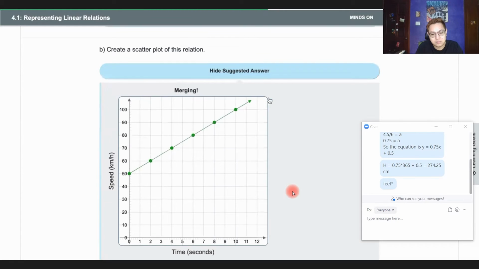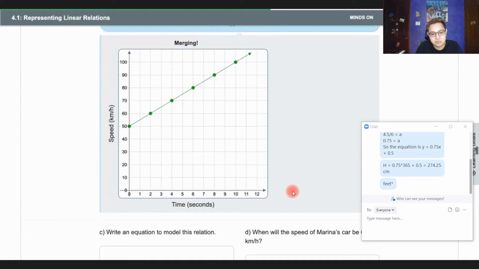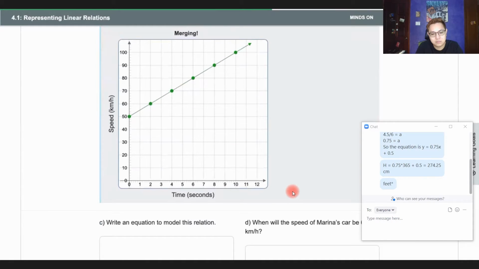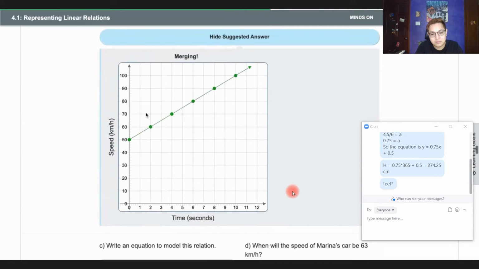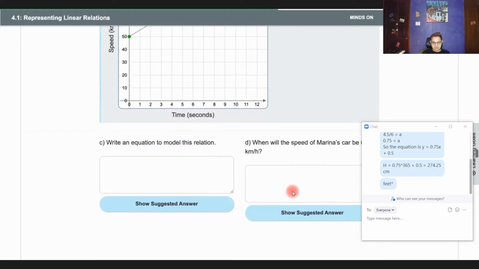And the scatter plot, you can see Maria is moving up 10 kilometers per hour for every 2 seconds.